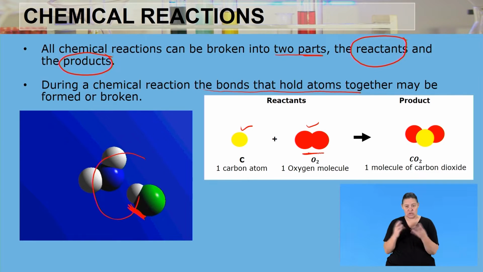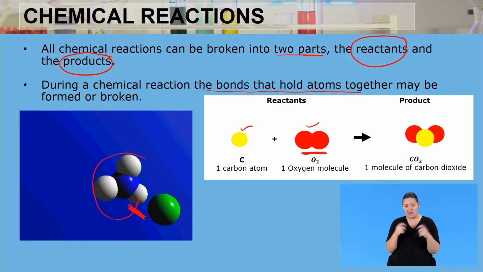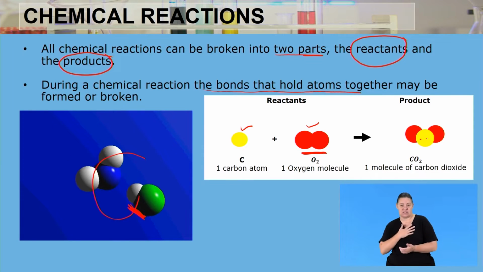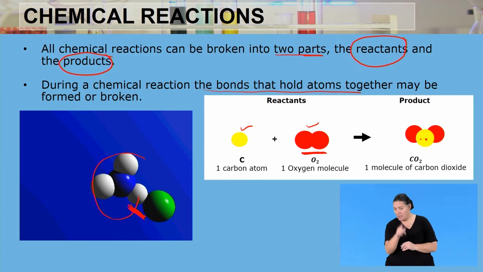The bond holding the two oxygen atoms together is going to break, and once that breaks, a new bond is going to form between the carbon and this oxygen, and also between the carbon and this other oxygen. What is important to remember is that for a chemical reaction to take place, the existing bonds need to be broken and new bonds must form.